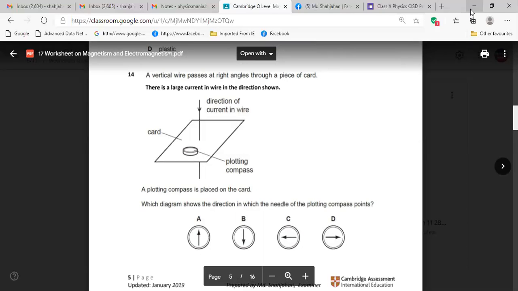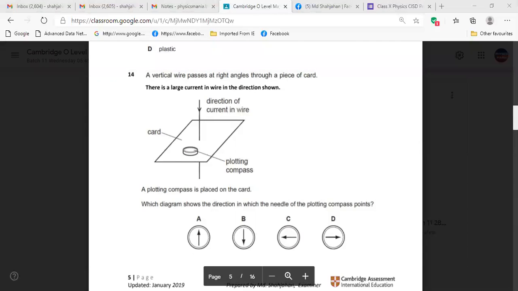In this question, it should be clockwise, right? If it is clockwise, should it be D or C according to your compass? C, because the field lines direction will follow that.